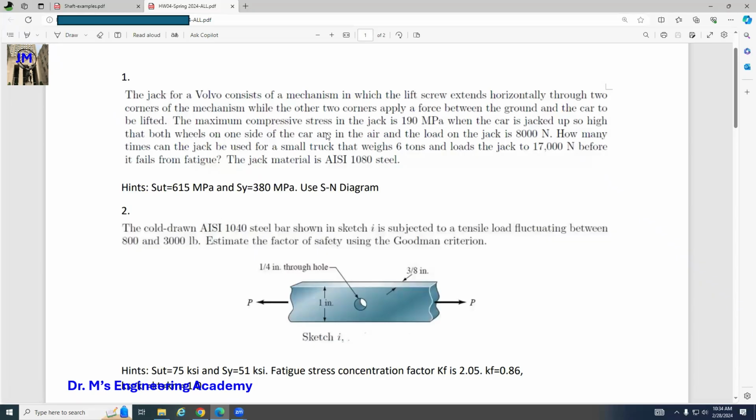If the safety factor is greater than 1.0, that means our design is good. Questions for these two problems? No question? Let's move on to our next one.